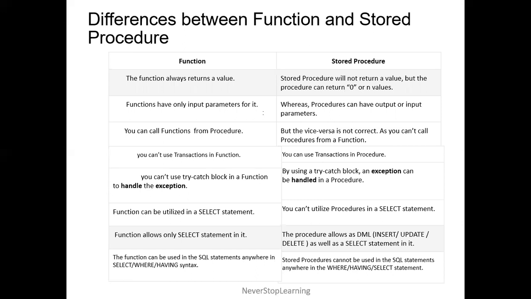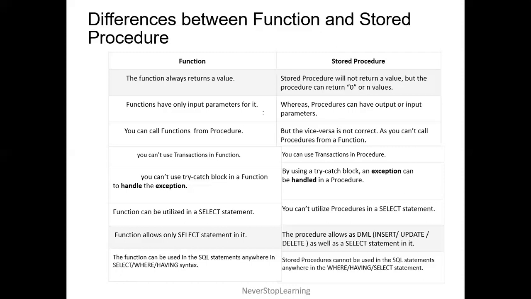A function allows only select statements in it, whereas in a procedure any DML command, insert, update, delete, you can use, as well as select also. Fine. A function can be used in an SQL statement anywhere, select, where, having. A stored procedure cannot be used in an SQL statement anywhere in the where, having, and select statement.